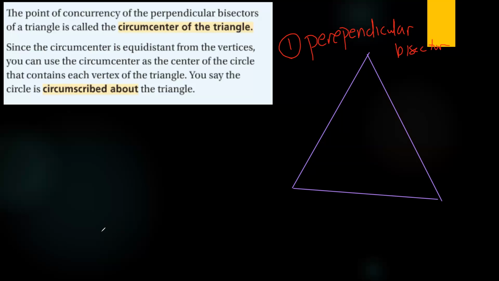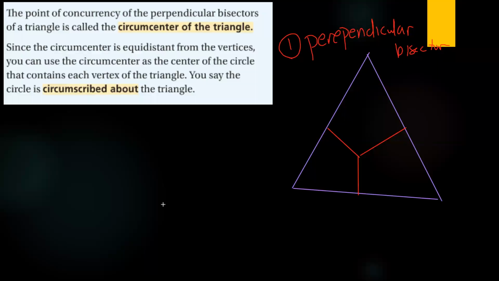Perpendicular bisector means lines that are perpendicular and cut each side. They come like this, perpendicular on this line and perpendicular on this line.